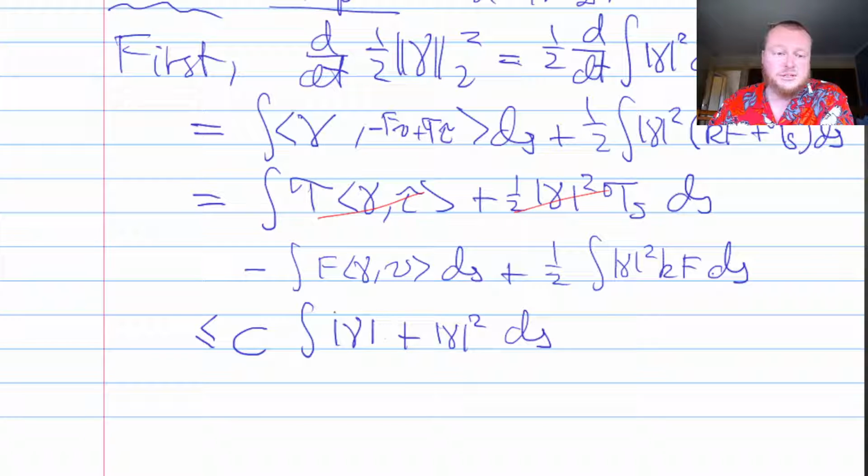And now, what we've got here on the left-hand side is d/dt of 1/2 the squared L2 norm of gamma. And we can actually use a very simple estimate to remove this linear factor. The simple estimate is ab is smaller than or equal to a squared over 2 plus b squared over 2.